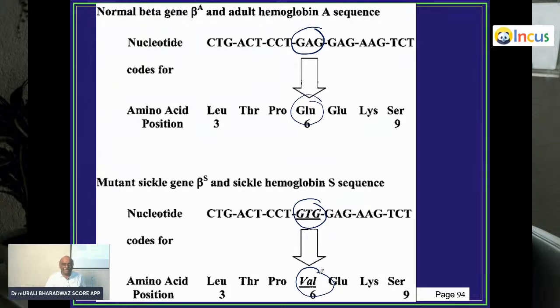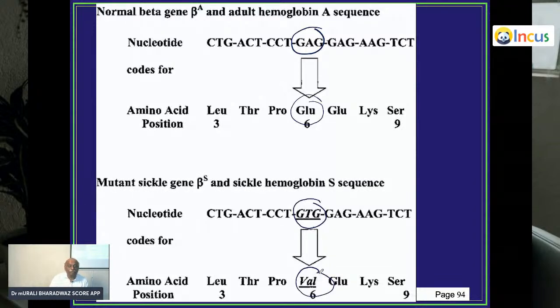Everyone will read glutamate replaced by valine, but only Kulsum knows it is GAG became GTG. Tomorrow the entrance won't just give glutamate became valine. It will ask, is it GAG become GTG or AAG became GTG or AAG became TCT? He will ask that kind of questions.